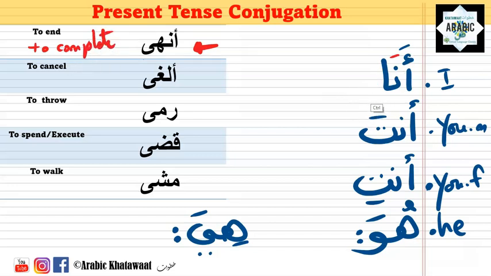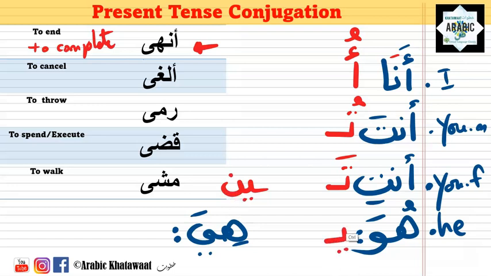So I would say أنا, أنت, أنتِ, and I'm only putting the prefixes and suffixes. هو, هي.